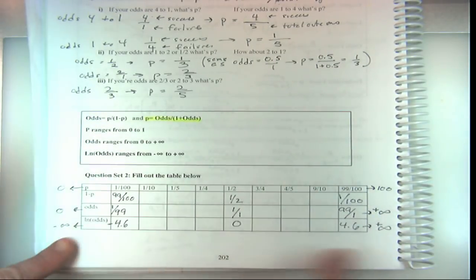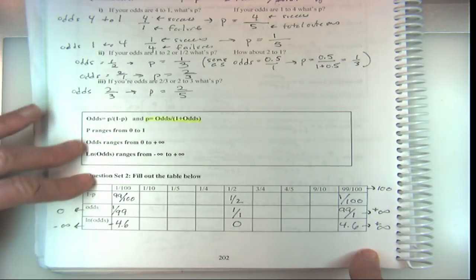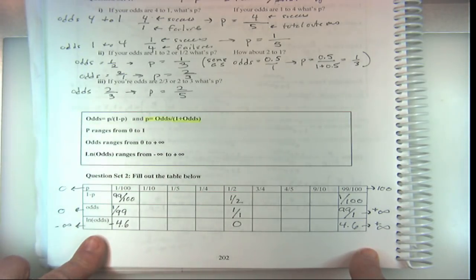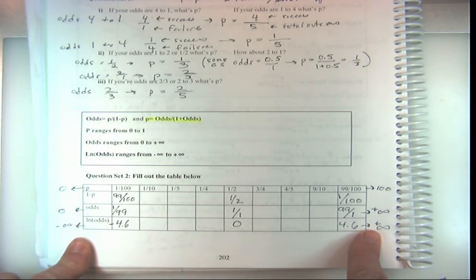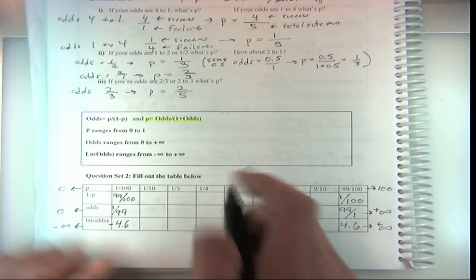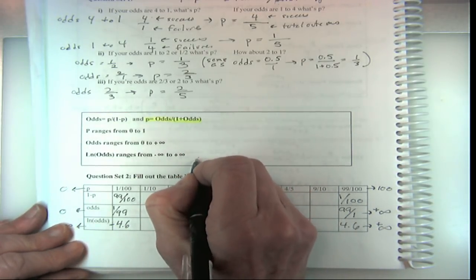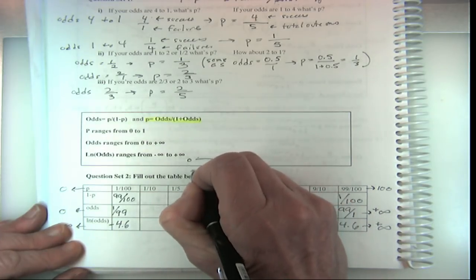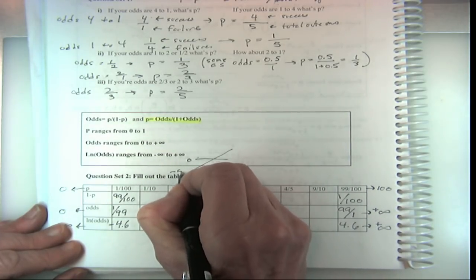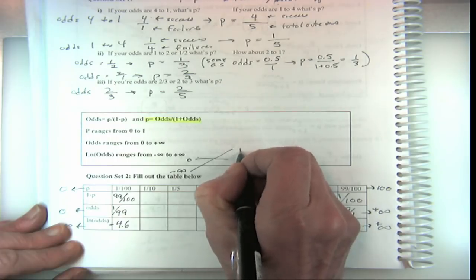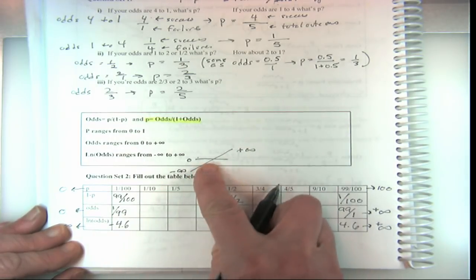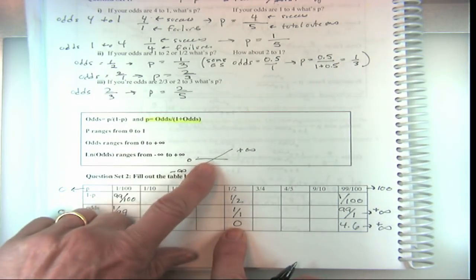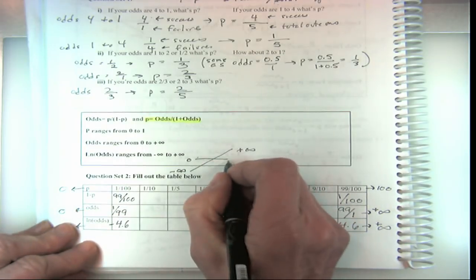And so if we drew their curves, we have this one, log odds, right here. If that's the y-axis, it can go from negative infinity to positive infinity. And when you have a 50-50 chance, it's going to be 0, right?